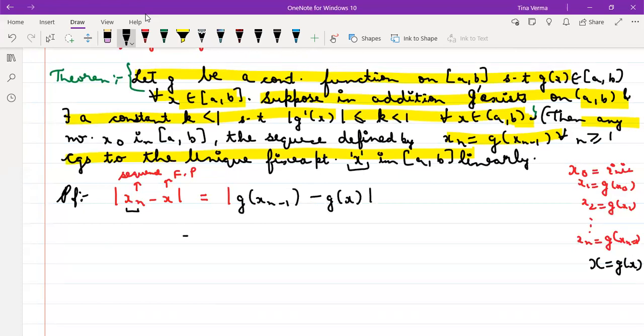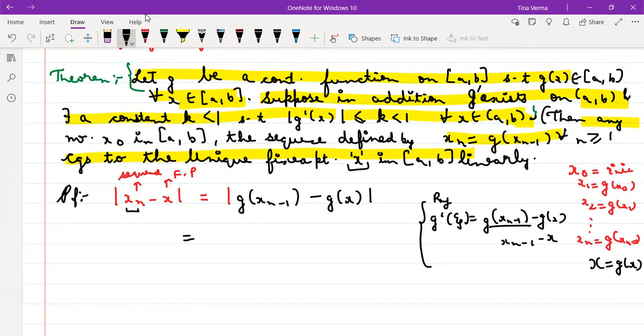So by the mean value theorem we have done that the secant joining the line, the slope of that line becomes the slope of the tangent. That means g dash psi is equal to, if you take 2 points, gxn minus 1 minus gx, divided by xn minus 1 minus x.